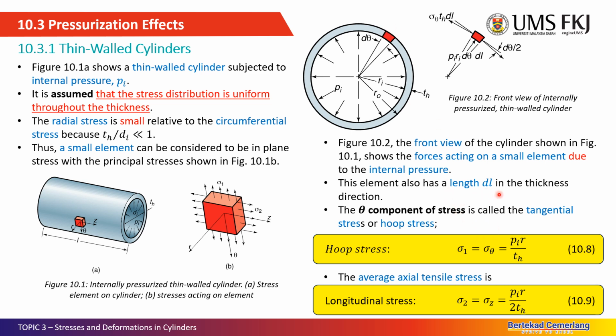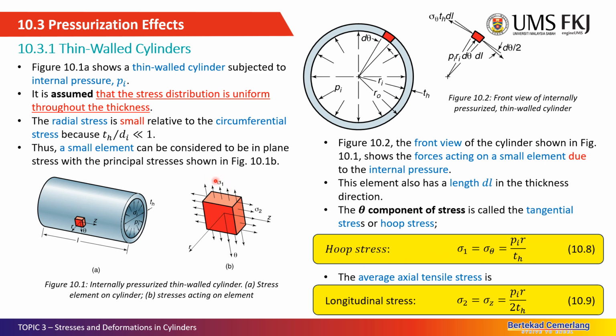In the thickness direction, the theta component of the stress is called the tangential stress or hoop stress. So the hoop stress, sigma 1, equivalent to sigma tangential, is equal to the internal pressure times the radius. Here the radius, when we refer to the book, is the internal radius divided by the thickness. So this one is the first stress.